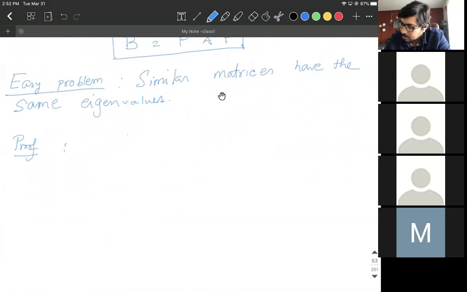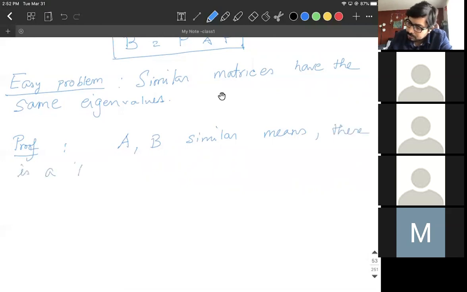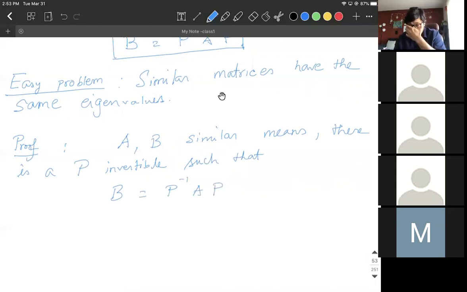Okay, A and B similar means that there is a P such that the definition of B is P inverse A P. Now, what is the polynomial equation corresponding to B?